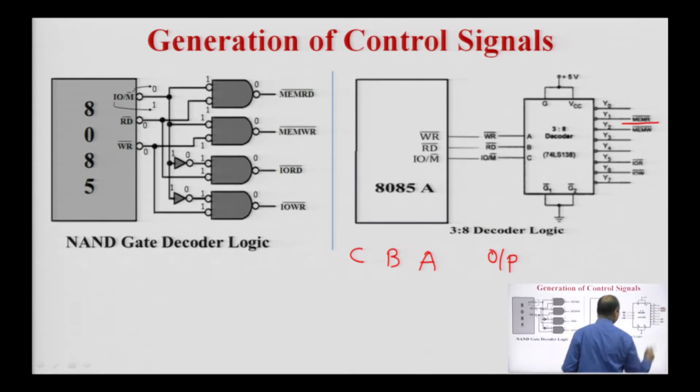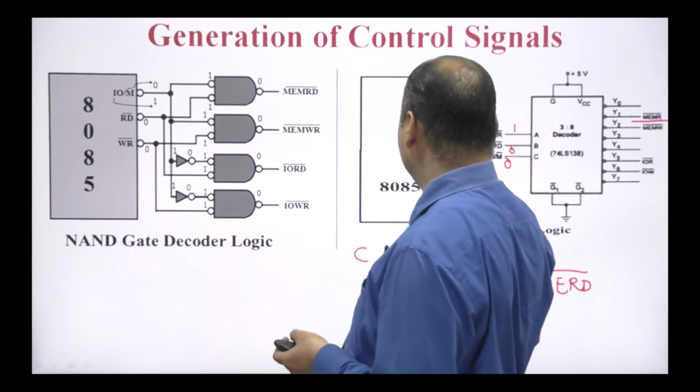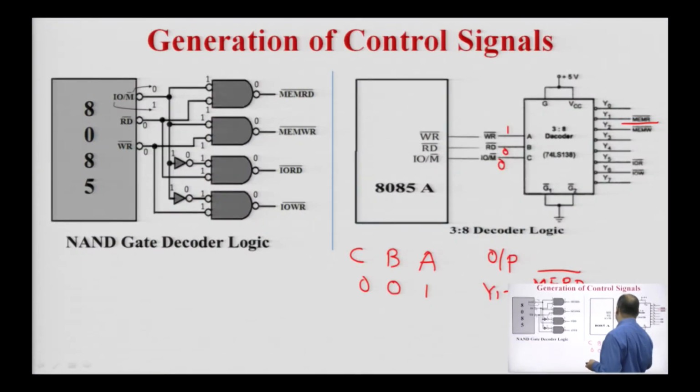So, here output Y1 is activated. So, this is used for the memory read control signal.